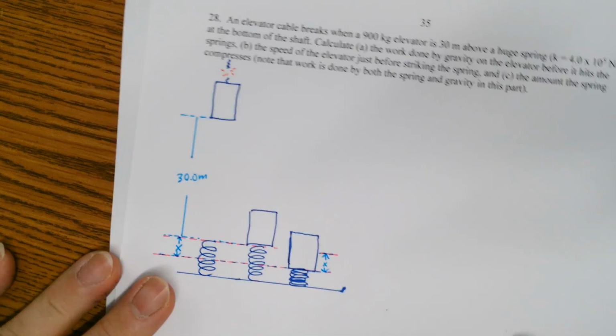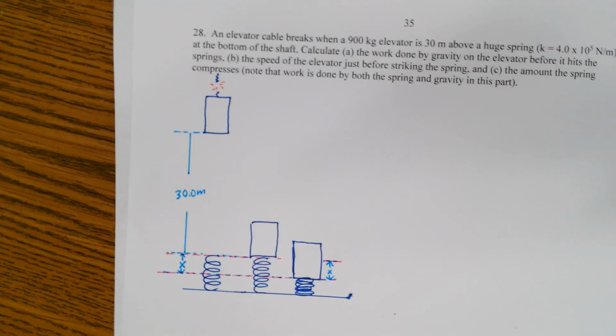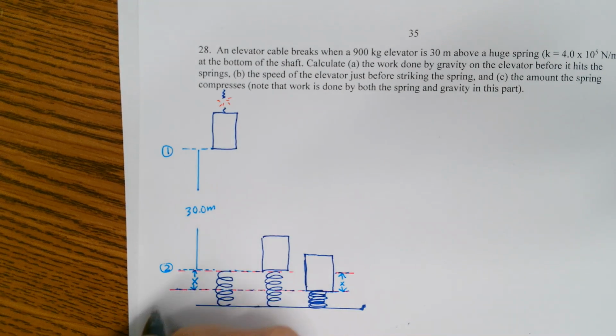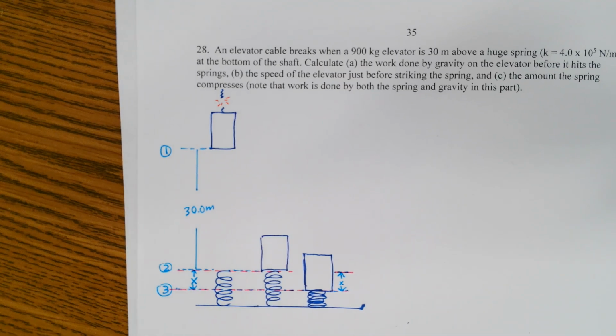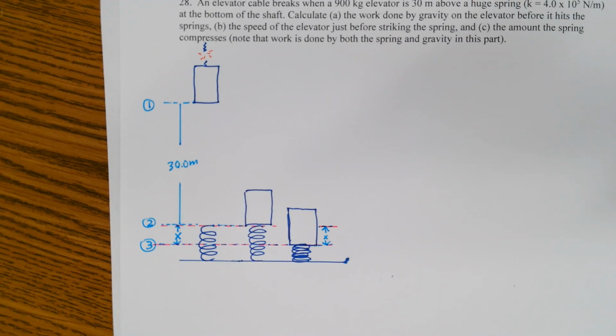Instead of saying initial and final, I'm going to say position 1, position 2, and position 3. Okay? So we don't have to worry about initials and finals. We just say position 1, position 2, and position 3.